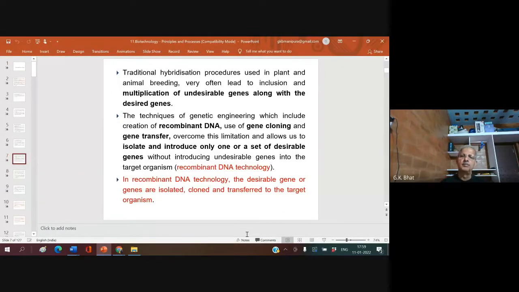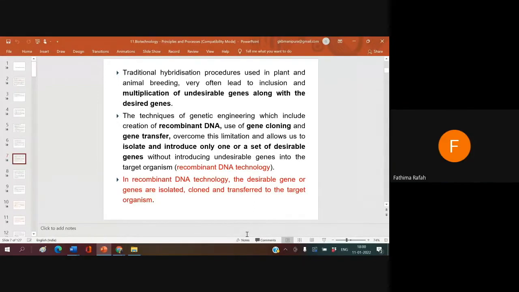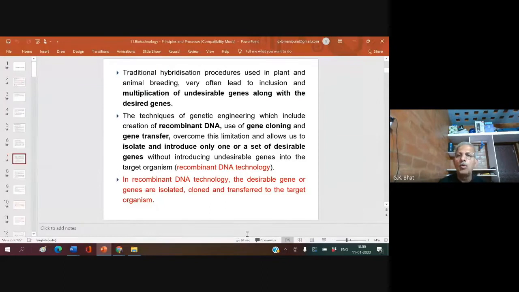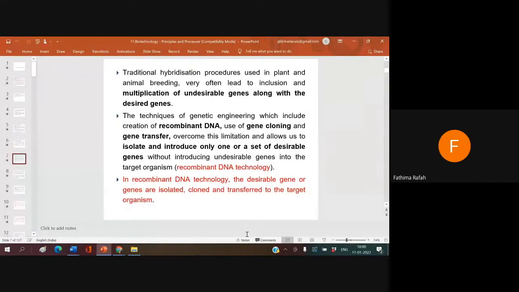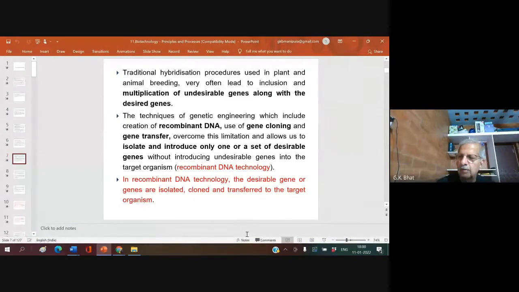I shall help you. In recombinant DNA technology, the desirable gene or genes are isolated. I hope you know what is meant by cloned. Anyone knows about this? Copied, sir. Rafa, tell me.